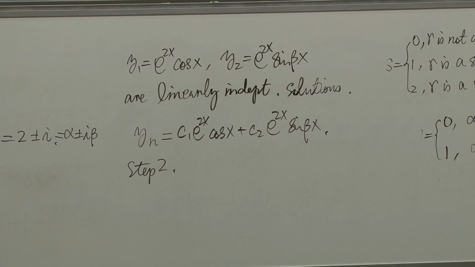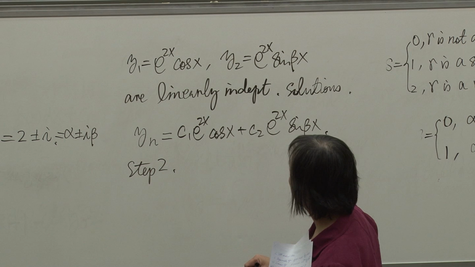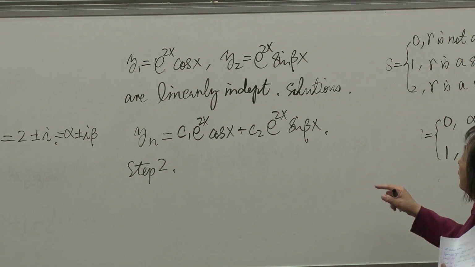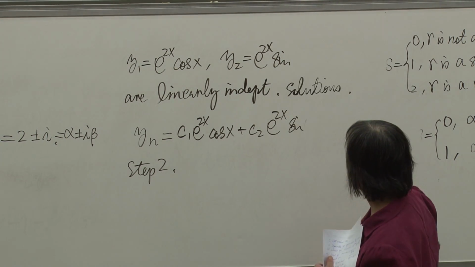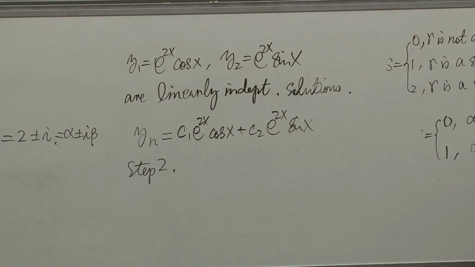Should we choose the variation of parameters method, or the so-called undetermined coefficient method? Over there, is it not just sine x, not sine beta x? Because there's a beta in there. Beta equal to 1. Oh, beta equal to 1, right. You're right, beta equal to 1.